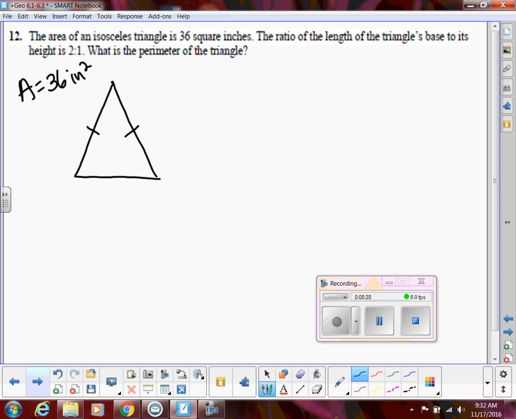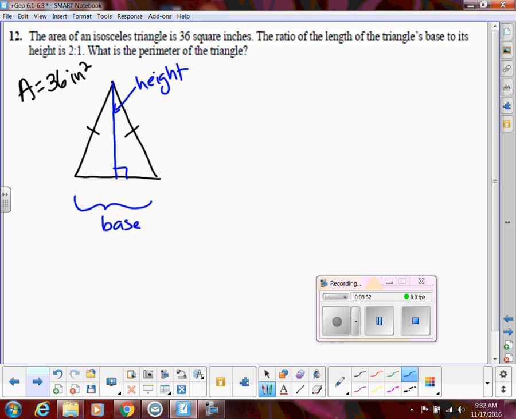Okay, the ratio of the length of the triangle's base to the height. Okay, so we got to know where's the base of the triangle and where's the height. So here's the base. Remember, the height goes perpendicular to the base through the vertex, so that's our height. And we don't know what those are, right?